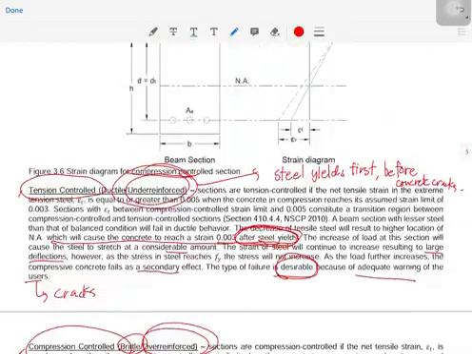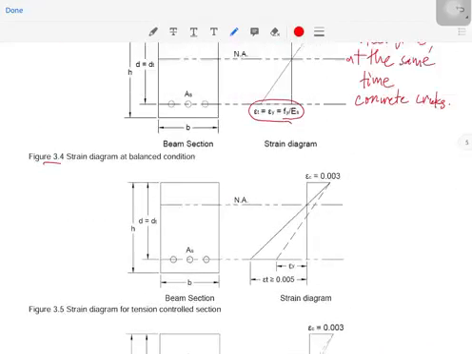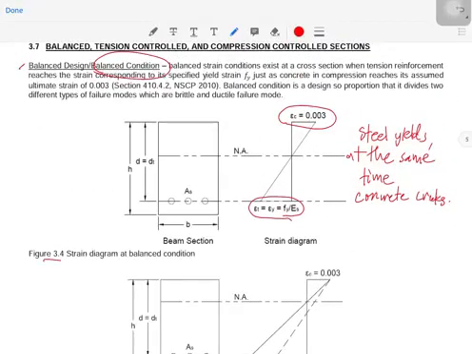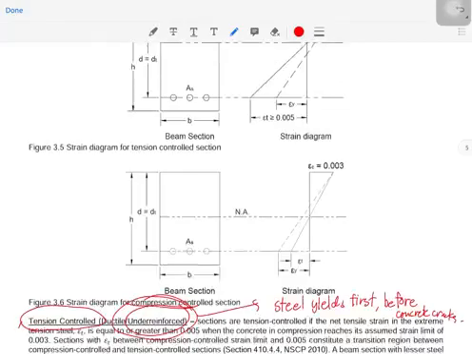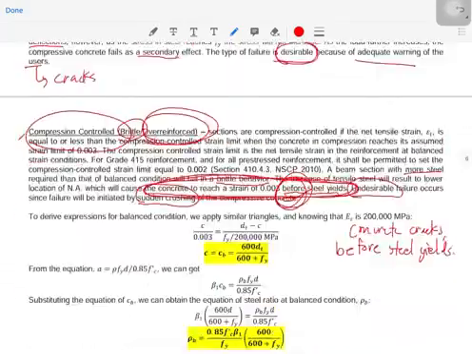So for similar triangles, we'll be using the strain diagram of the balance condition, this one here. Okay, so I think this is c, then this is d minus c. Okay, so similar triangles lang, guys.